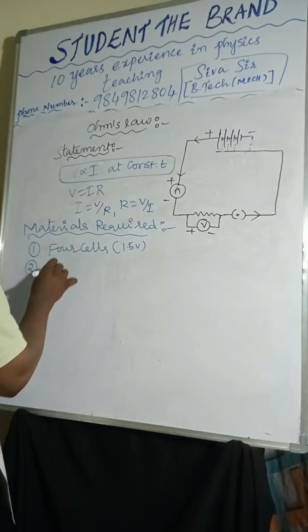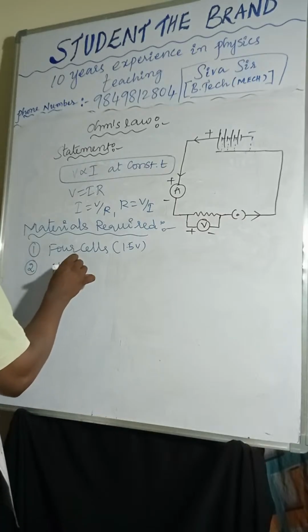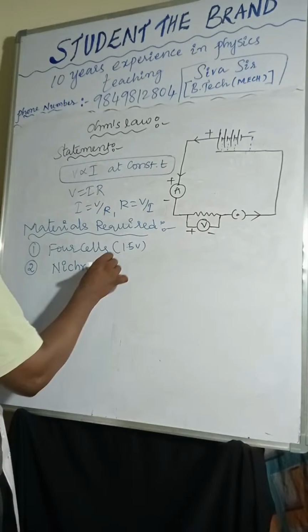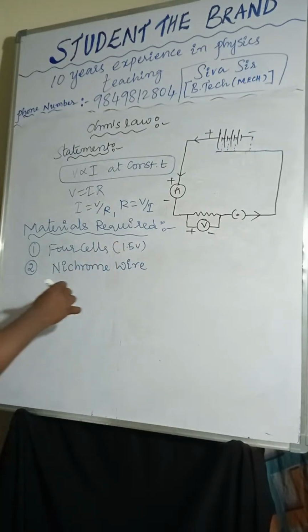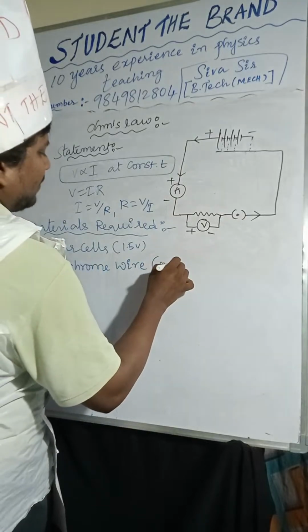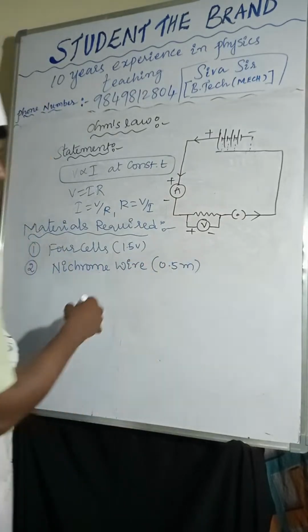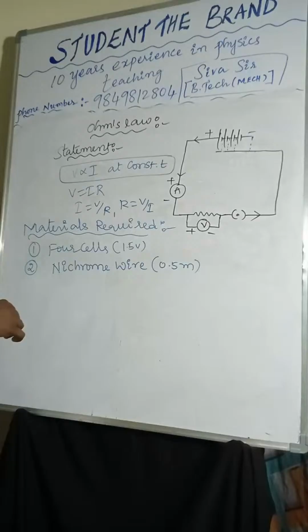Next, nichrome wire of 0.5 meter length. Nichrome wire is an alloy of nickel, chromium, manganese and iron metals. And the third one is an ammeter.